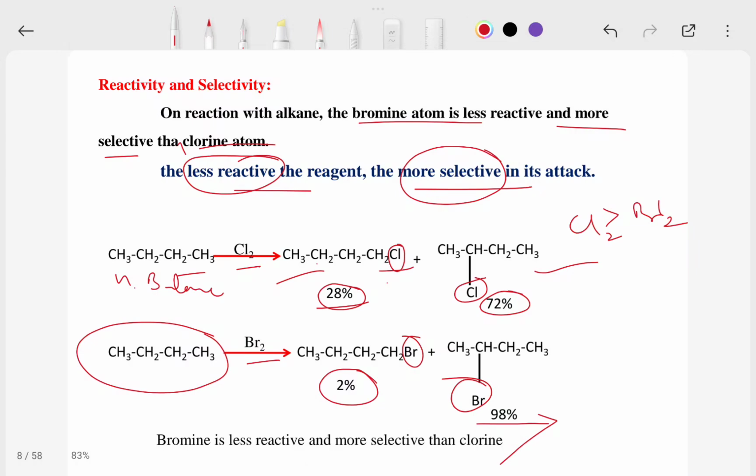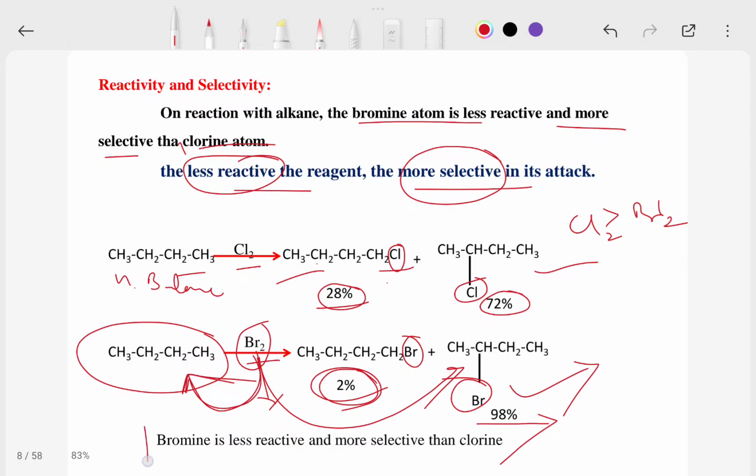But bromine is a less reactive compound and a more selective compound. When bromine reacts with butane, it selectively forms 2-bromobutane. 1-Bromobutane is a very small percentage, and that means 2-bromobutane is the major product.